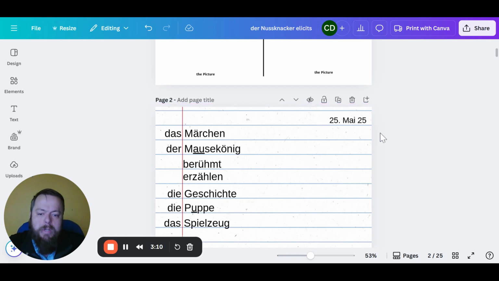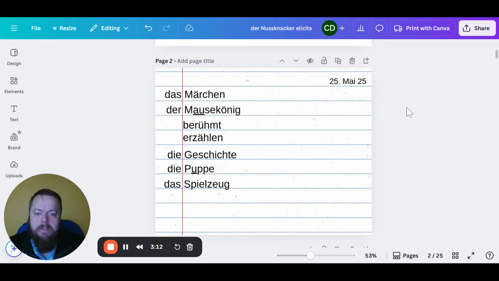Once they have written the vocabulary down, in the second step you explain to them, we're going to practice pronunciation. I want you to be able to say these words correctly, so we're going to go through that. You start out: das Märchen, das Märchen, der Mausekönig, der Mausekönig.